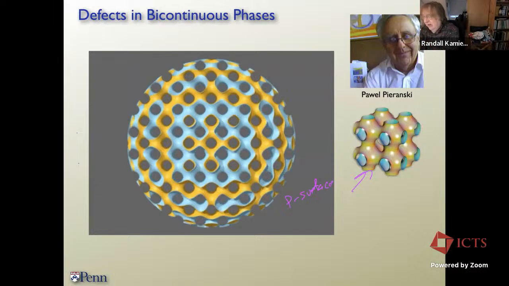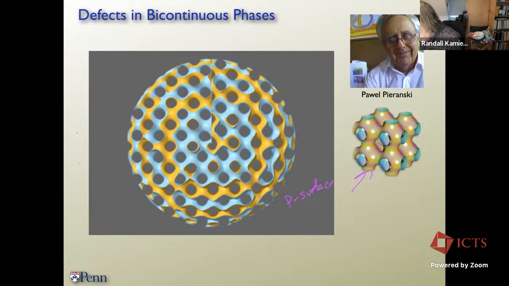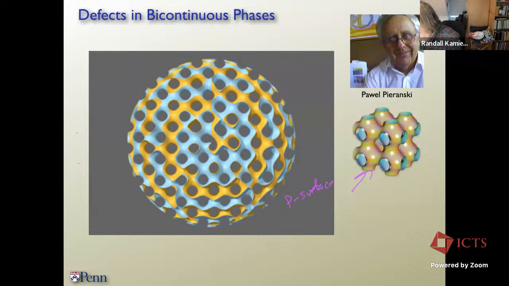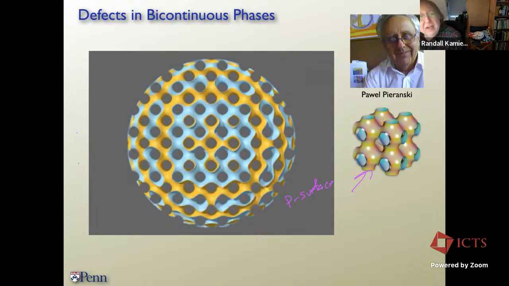And this is a spherical region of the P surface. And Pavel asks this question. What happens if you take the surface and you make a cut in the surface and then you glue it back together? So watch that again. All right, you cut the surface.